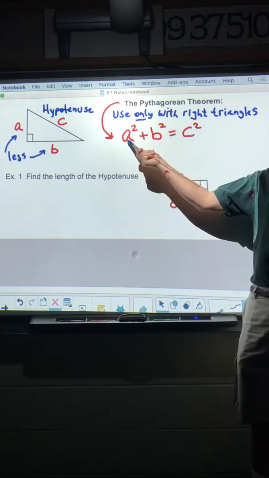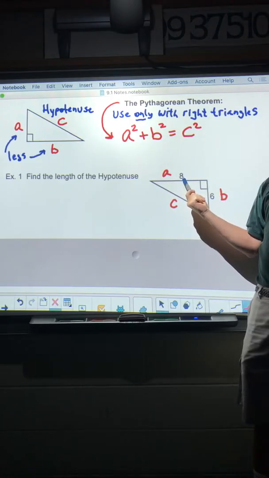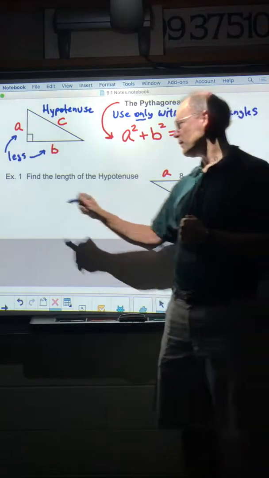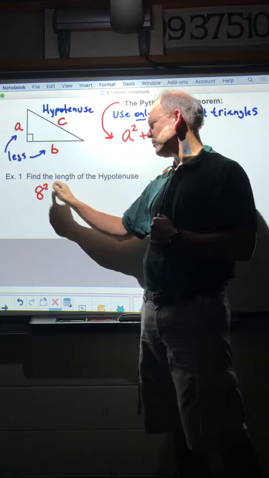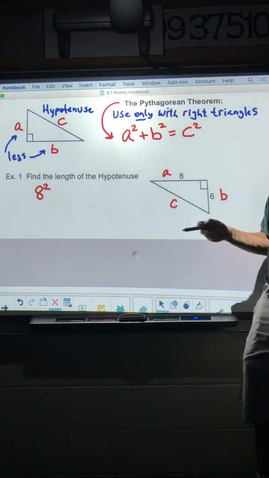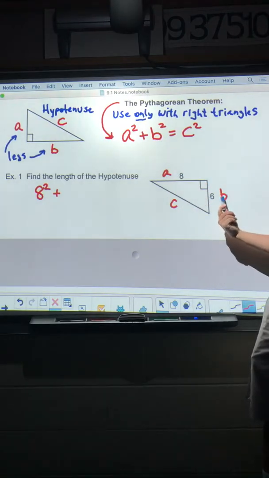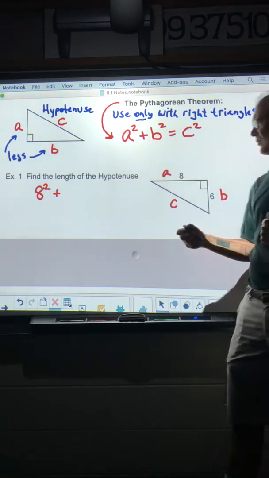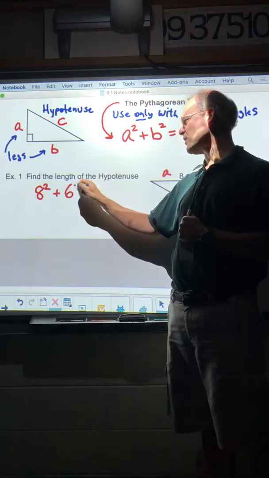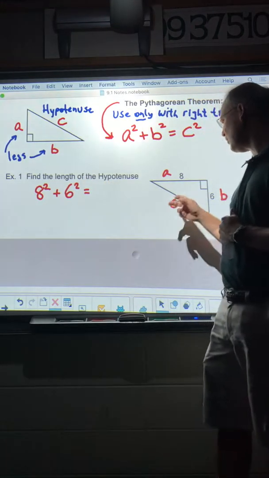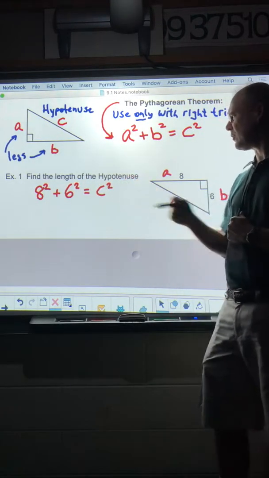Okay, so if I do A squared, so if A is 8, then I would do 8 squared plus B squared, so B is 6, so 6 squared equals C squared.